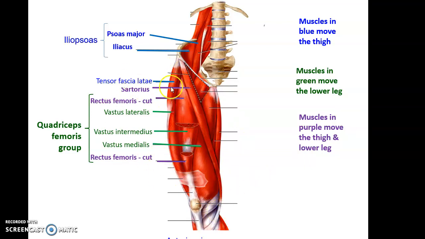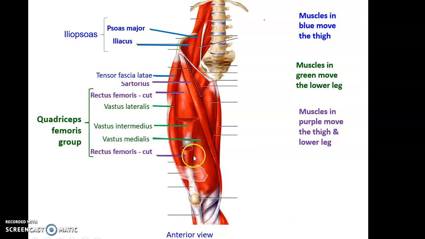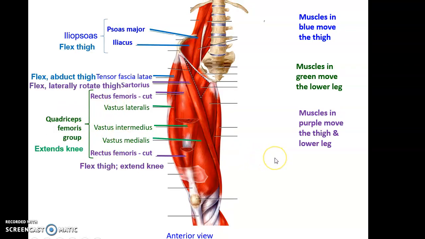Then again, this is an anterior view of the thigh. So this front muscle here is rectus femoris. And then rectus femoris with these other three muscles together make up the quadriceps femoris group. So quadriceps femoris group, four muscles, one of them being rectus femoris.